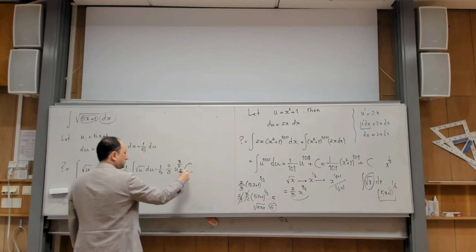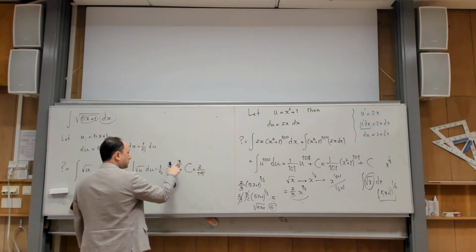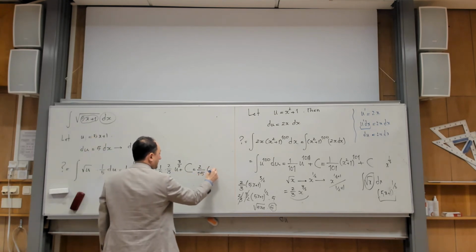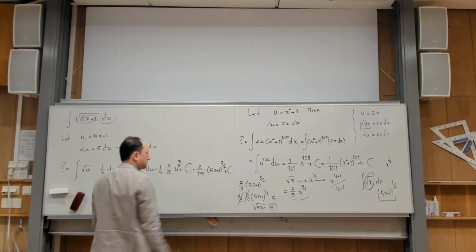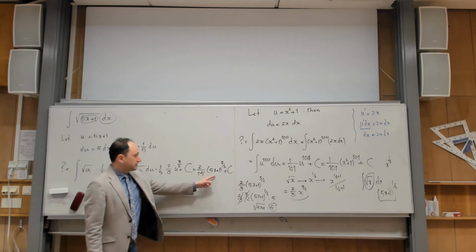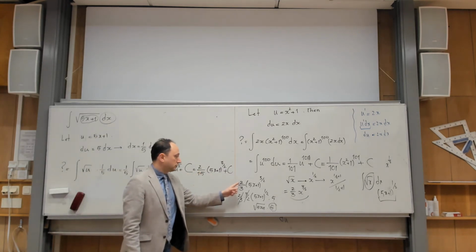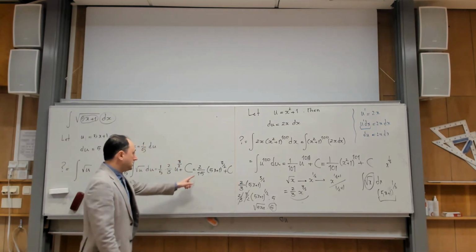But I can simplify this, it becomes 2 over 15, and u to the power of 3 over 2, instead of u, I write this expression. So it is 5x plus 1 to the power of 3 over 2 plus a constant c. And now you see that the correct answer is 2 over 15, but if you just did it like that, you got 2 over 3, which is wrong. Okay, so this is the correct answer.